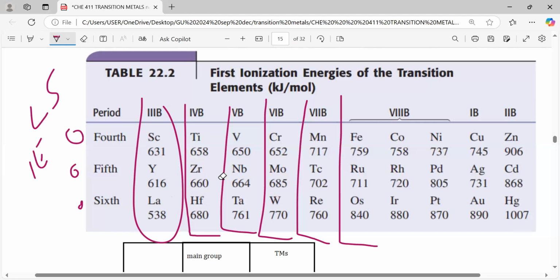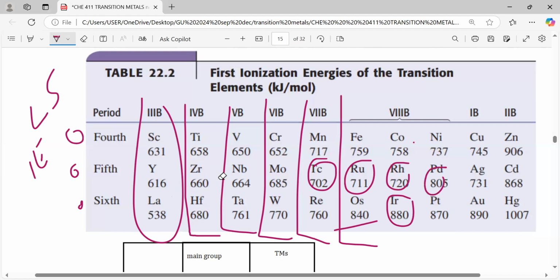Here, a bit of a change, but the sixth one is the smallest and the ionization energy is the greatest. Overall, the sixth one has the highest ionization energy.